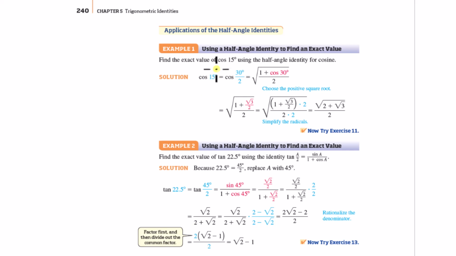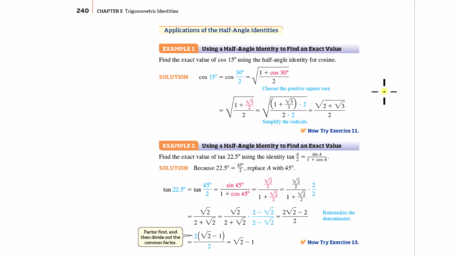Because we could use the double angle identities as well, right? I don't think we talked about finding exact values of angles with the double angle identities, but we could. Is there any angle we could double and then get some angle that is a multiple of something other than 15? We would have to start with an angle that's a multiple of 15 and then double that and get some angle that's not a multiple of 15.